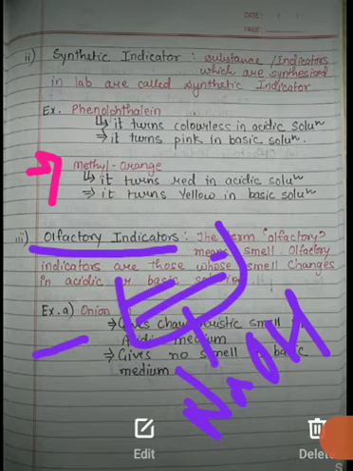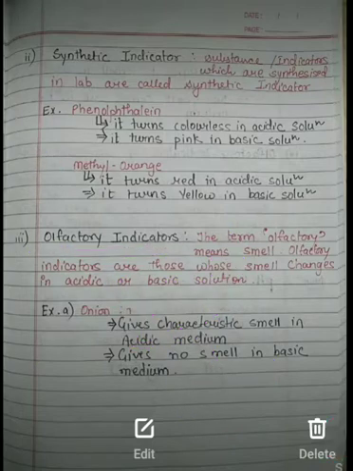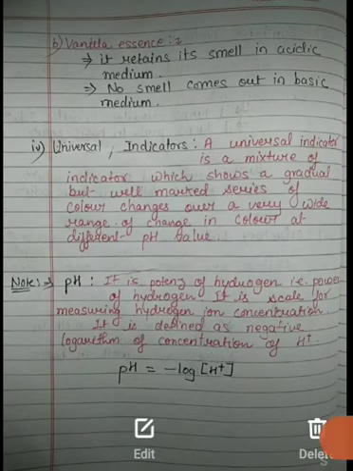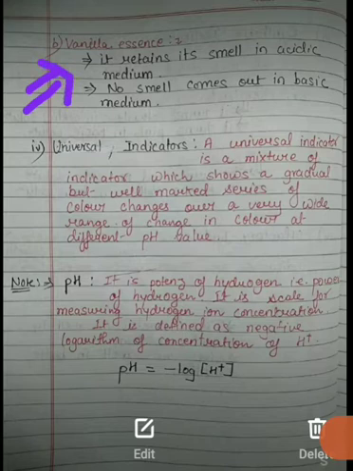What happens? There is no smell. Okay, so these changes are on the basis of change in odor, that is, smell. Now let's talk about one more olfactory indicator, that is vanilla essence. Vanilla essence is generally used in baking. Sometimes when we bake cakes and ice creams, we add vanilla essence in it.